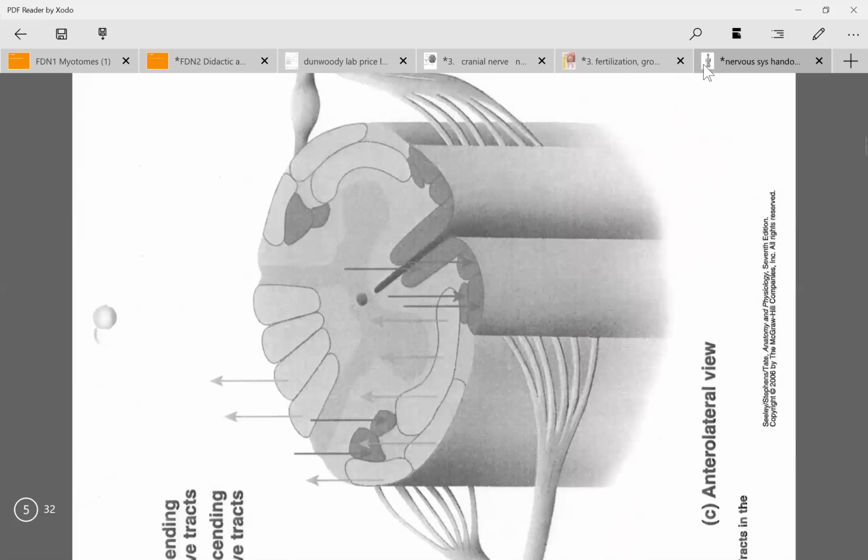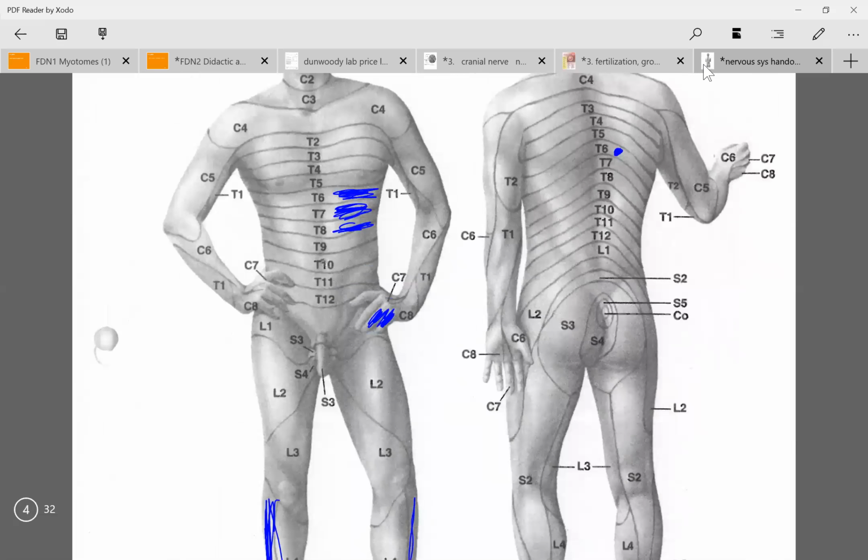If that level of your spine, so let's say it's T6, okay, that ganglion is affected, something happened to it, you're going to break out in shingles. So you get these rashes that will follow that T6 dermatome pattern. Okay, now if it's bilateral, you'll get it on both sides. It could be unilateral, which means just one side.